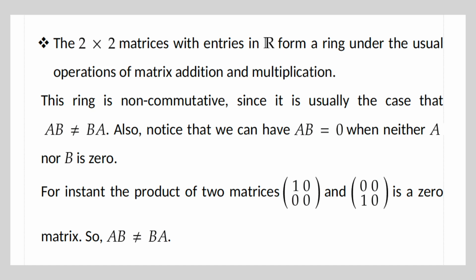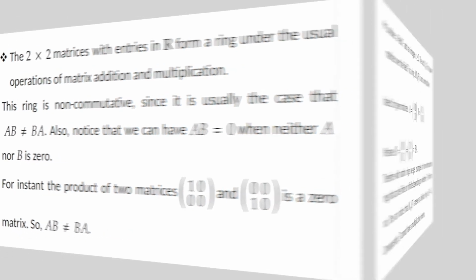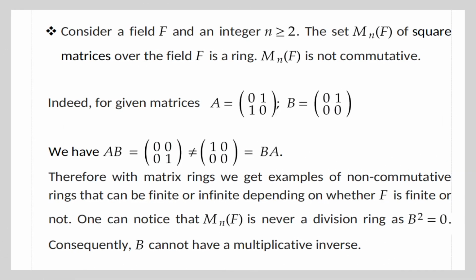For instance, the matrix product of the matrices [1 0; 0 0] and [0 0; 1 0] is the 0 matrix, that is, AB not equal to BA. Consider a field F and an integer n greater than or equal to 2. The set Mn(F) of square matrices over the field F is a ring.